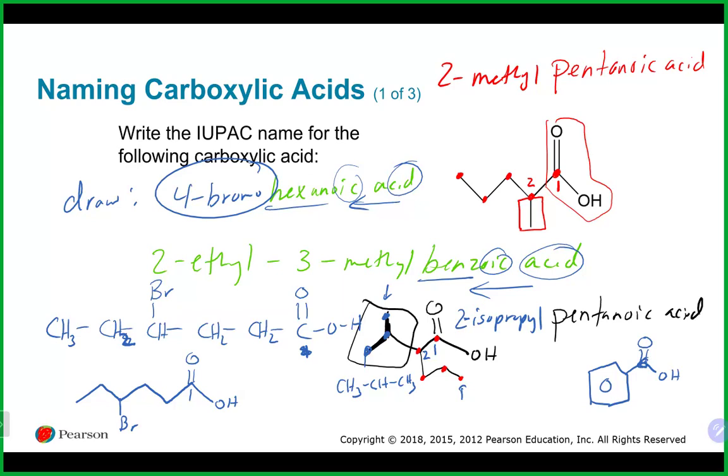Because I did attach it to that ring there, that will definitely make that carbon number 1. And really, because it's a benzene ring, you could go counterclockwise or clockwise in terms of where you put everybody else. So for me, I have at carbon number 3 a methyl group, which would be 2, 3 if I went clockwise. And I should have a methyl group there.